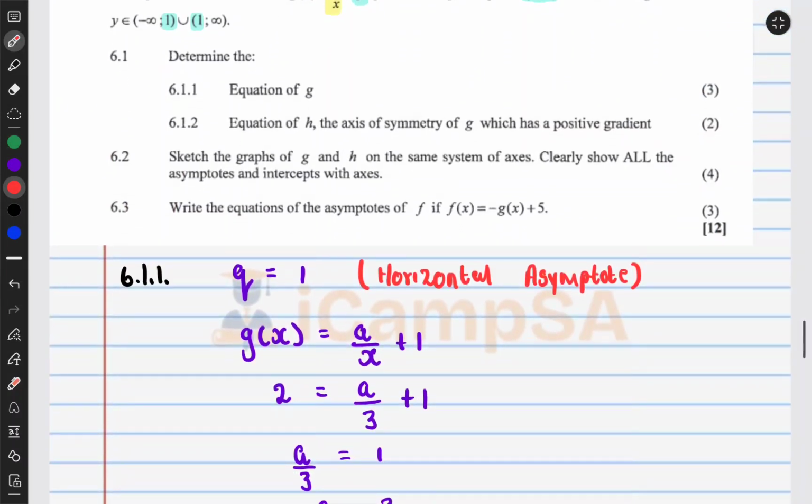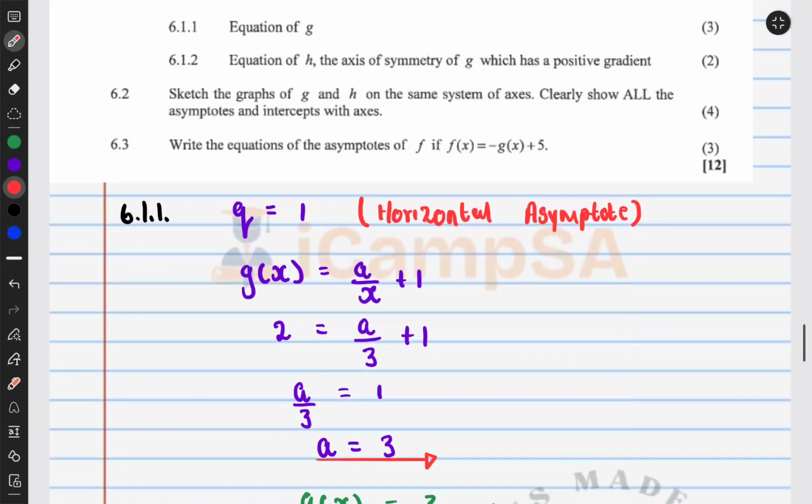Write the equation of the asymptotes of f if f(x) is equal to negative g(x) plus 5. Okay, the equation of the asymptotes of f. So the function f is negative g(x) plus 5.